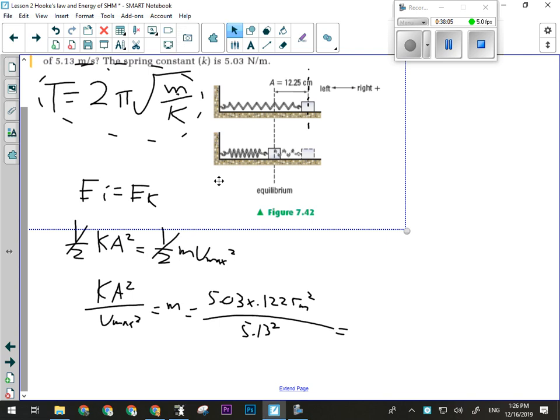Okay, so is it possible then to get something that would combine more than one concept into one problem? Yeah, it is. Probably not on an exam, but certainly on an assignment or a worksheet or something like that, you could run into a question that asks you to do 2 different things.